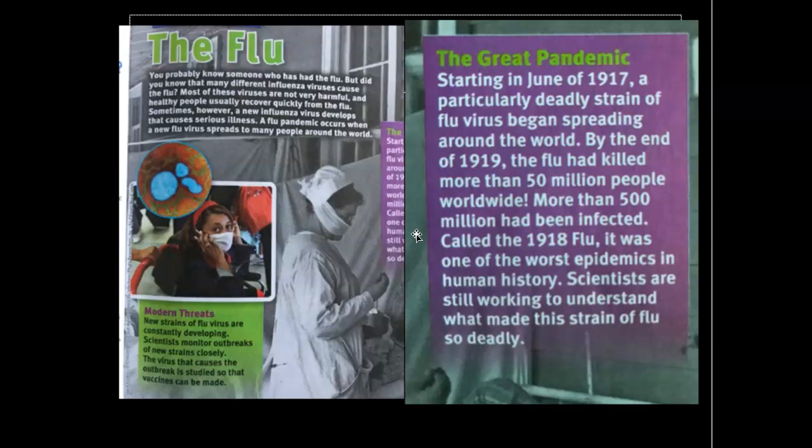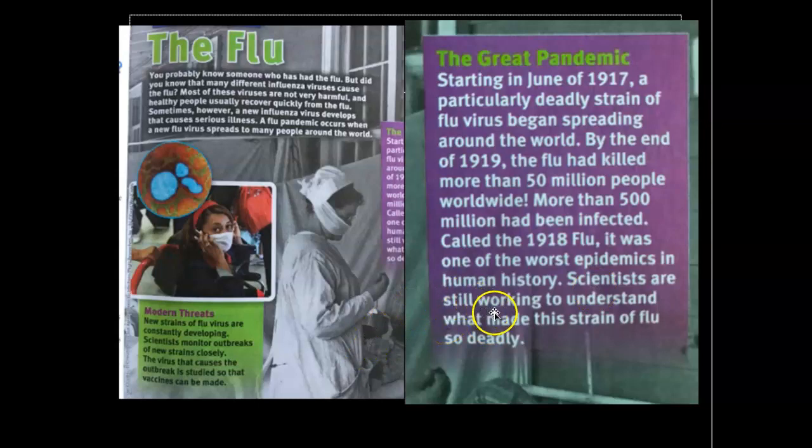So they're calling COVID-19 a pandemic similar to the flu of 1917. More than 500 million people had been infected. Called the 1918 flu, it was one of the world's worst epidemics in human history.